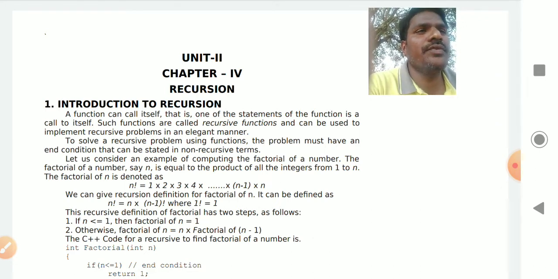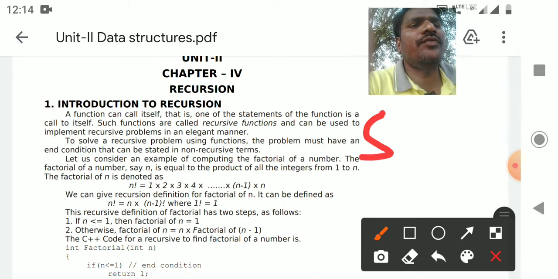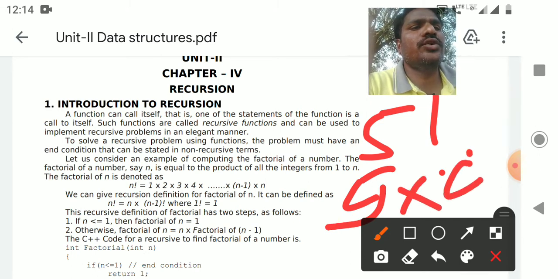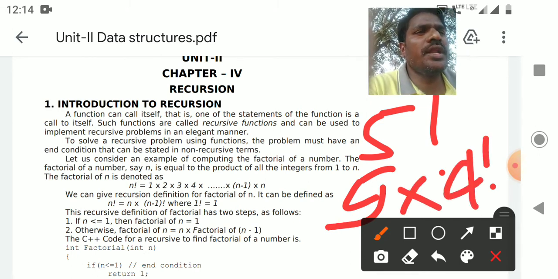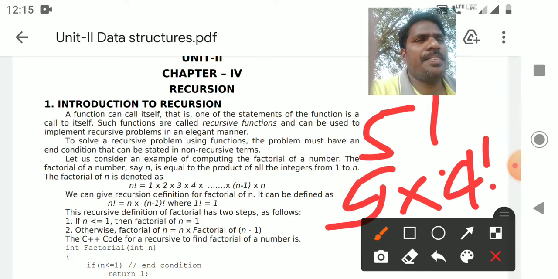For example, factorial of 5 is 5 into factorial of 4. Factorial of 5 is equal to 5 into factorial of 4. That means if the solution of the 5 factorial contains another number's factorial, that is called a recursive function.